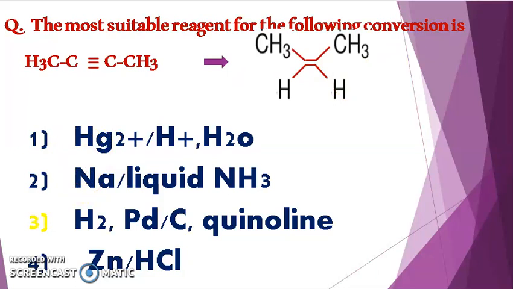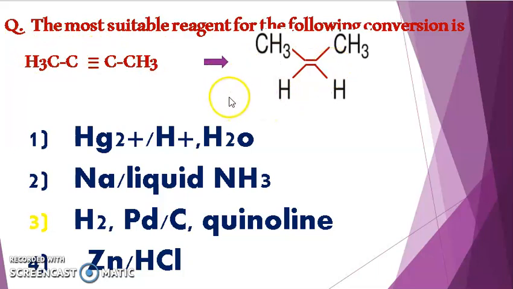So what is it? It is Na in liquid NH3. The sodium metal is taken with liquid NH3 for this reaction. It is actually the reagent used for the Birch reduction reaction in stereochemistry. Generally, alkyne is converted into the trans alkene, right?